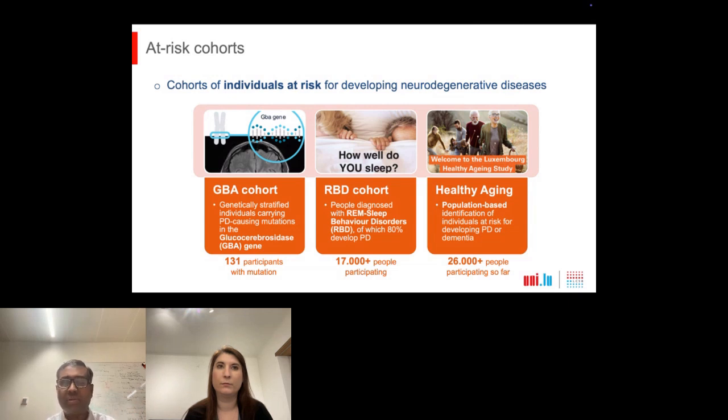The other effort, quite a big one, is what we call healthy aging. There we are looking at the population level to find individuals at risk of developing PD or dementia in the healthy aging cohort.